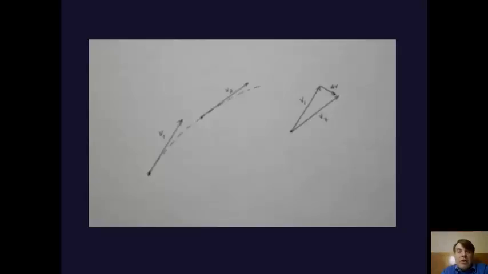And then I've drawn another arrow for the instantaneous velocity at another point. So I've called one v1 and the other v2. Now, off to the right here, I've used vector addition, or in this case it turns out to be vector subtraction, to figure out the difference, the change in velocity between v1 and v2.